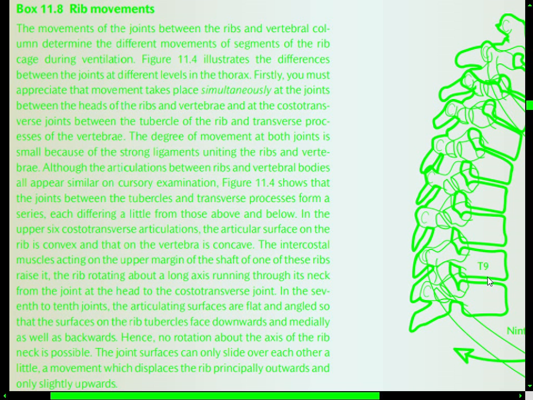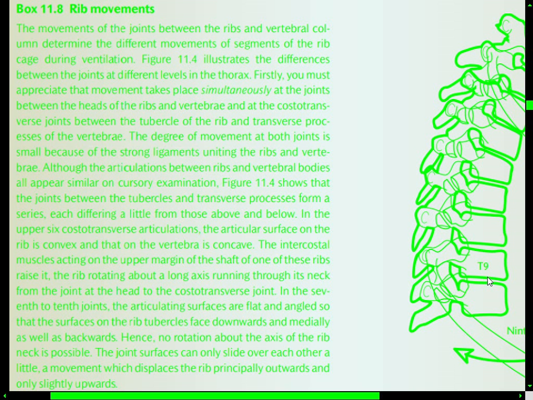First, although the articulations between ribs and vertebral bodies all appear similar on cursory examination, this paragraph is saying that there are joints between ribs and vertebral bodies, and they appear similar on a cursory examination.